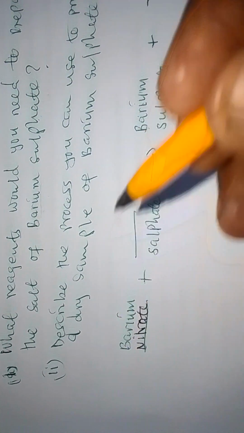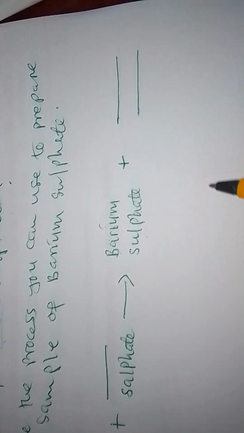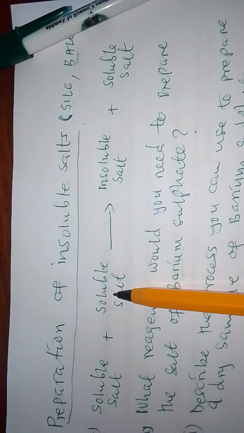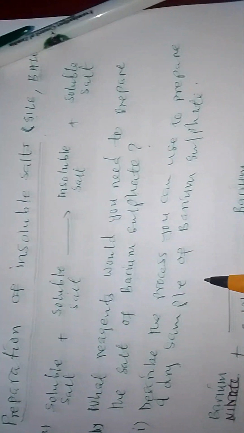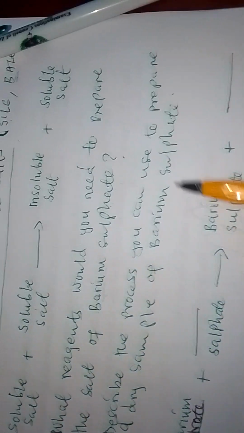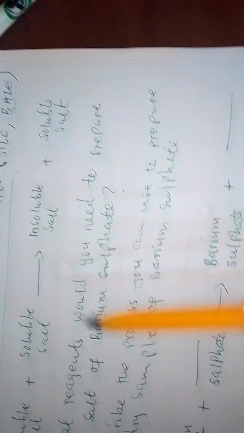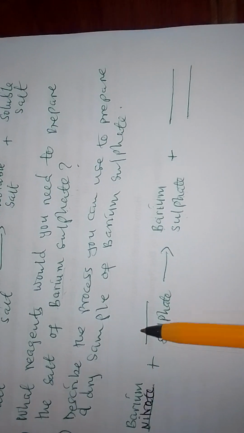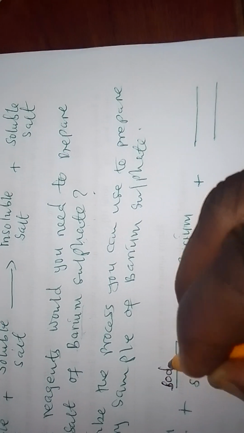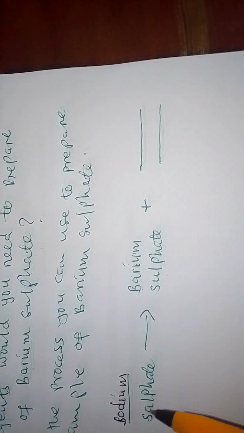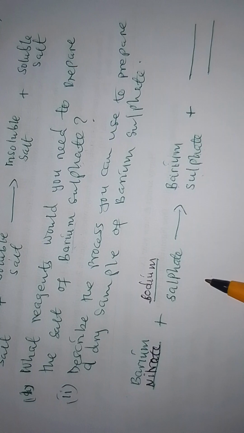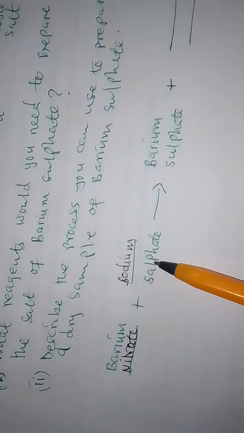Okay? Then here you say which other soluble salt is a sulfate, or which sulfate is soluble. All sulfates are soluble except these two. So here you can put any sulfate. For instance, I've chosen sodium sulfate.